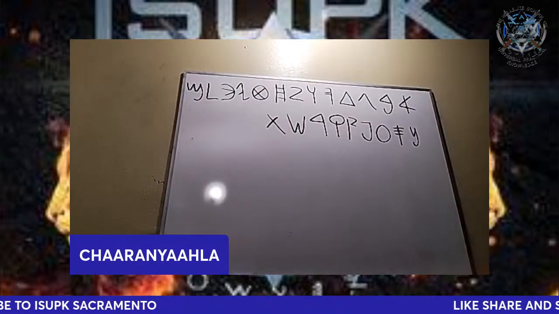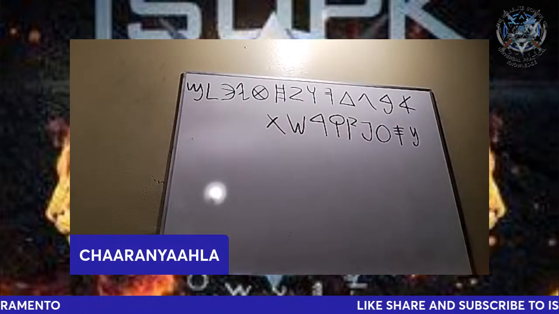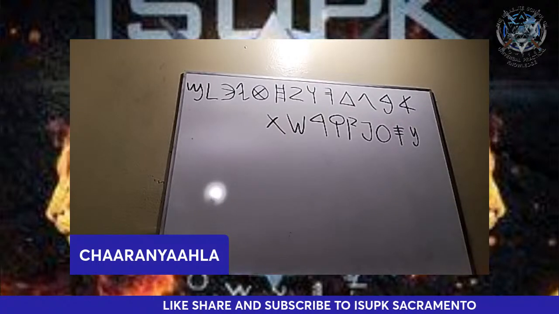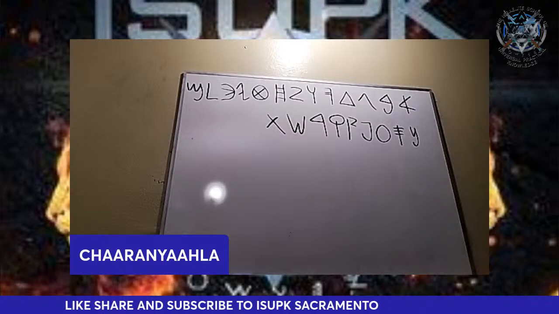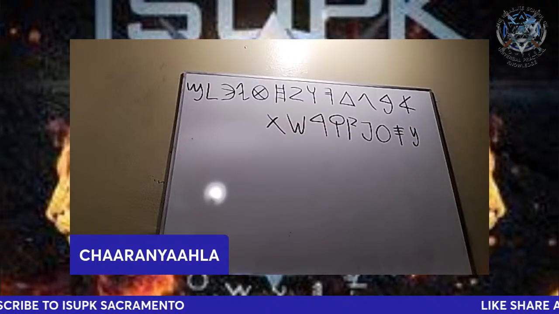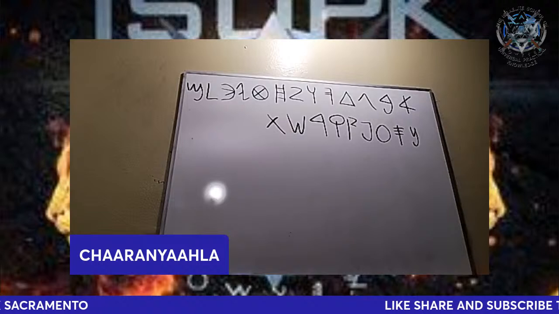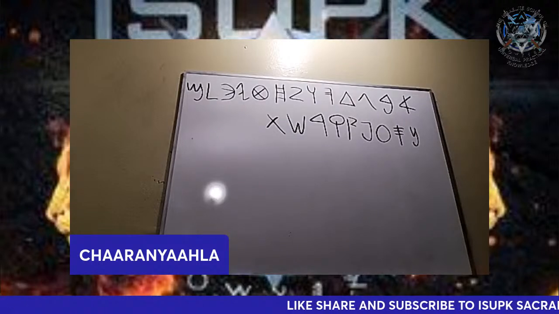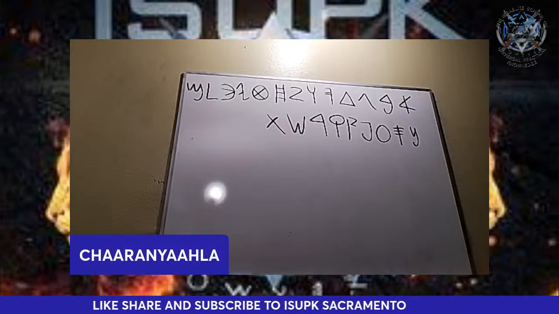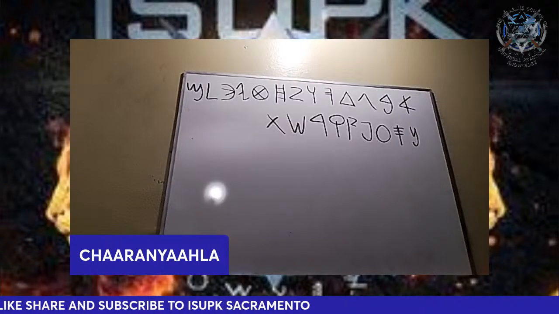So the first character at the top right corner, from right to left: a, ba, ga, da, ha, wa, za, ka, the ka, not to be confused with ka, but it's more of a CHAA instead of a KA.